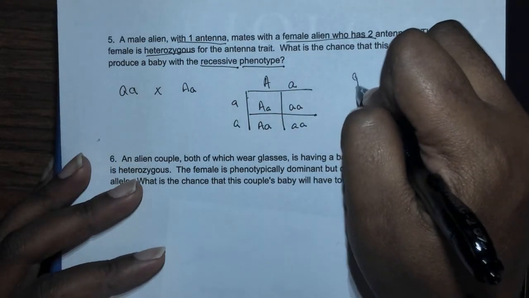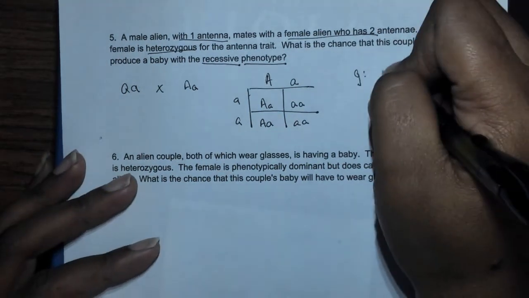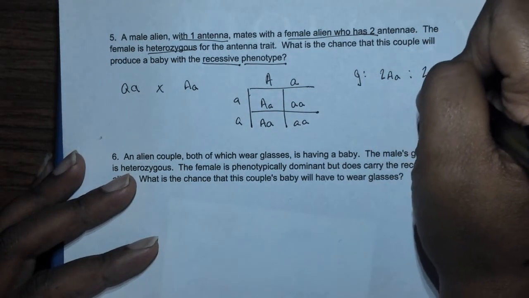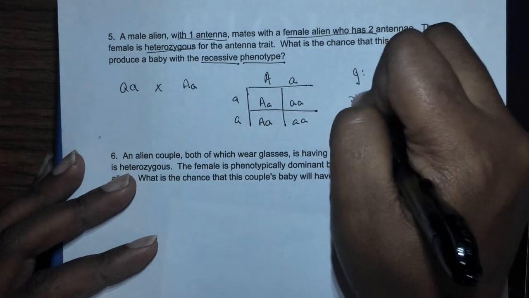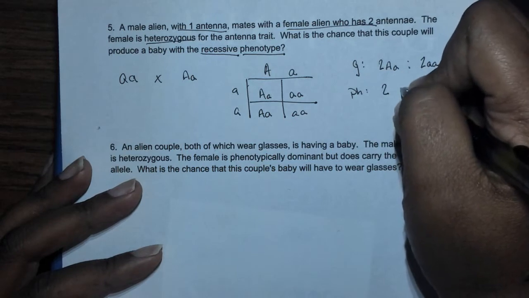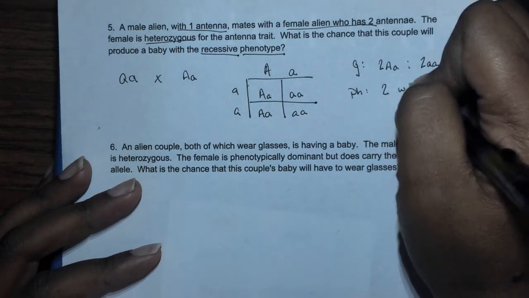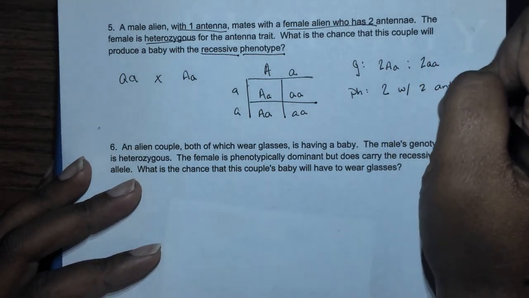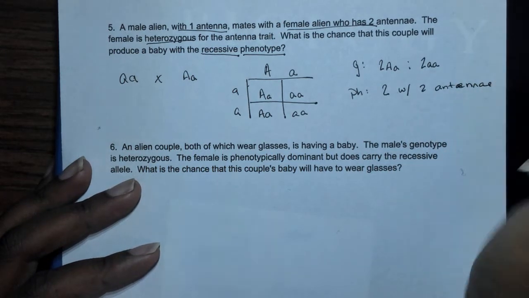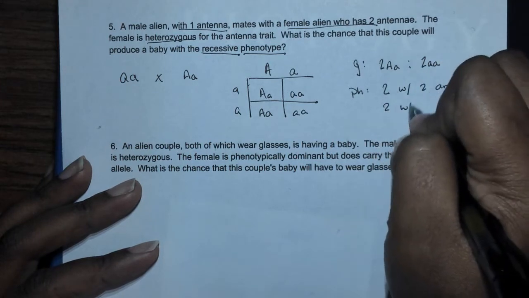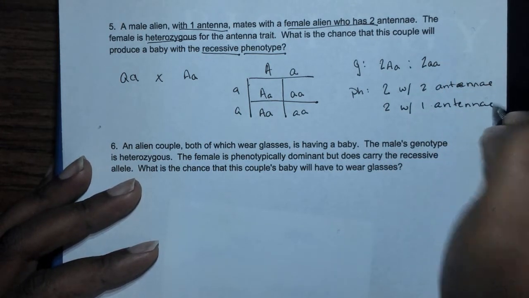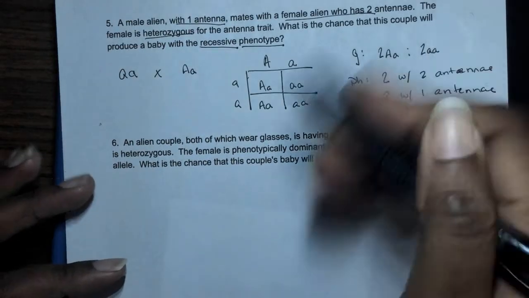Genotype ratio is that I've got 2 of the heterozygotes or hybrids and 2 of the homozygous recessives. Phenotype ratio is that I have 2 with 2 antennae, and then 2 with 1 antenna. All right, cool. So what are the chances?